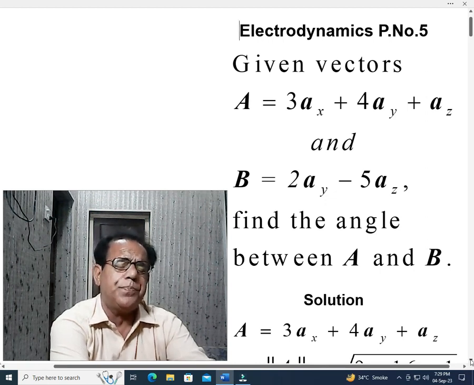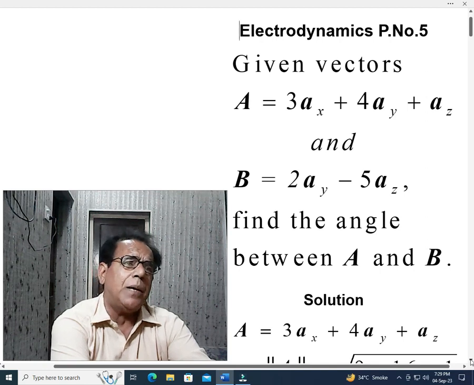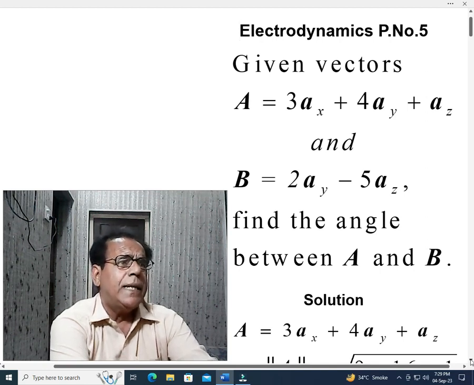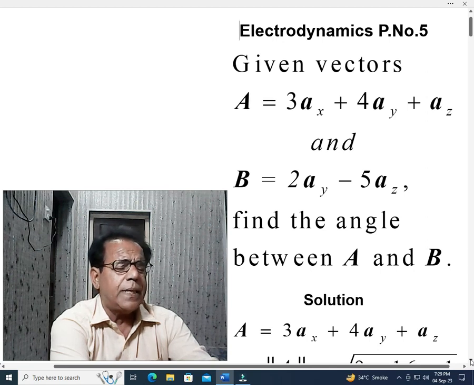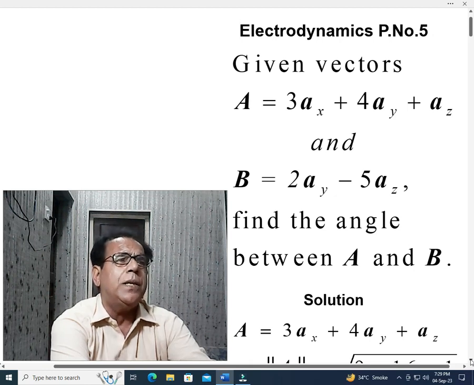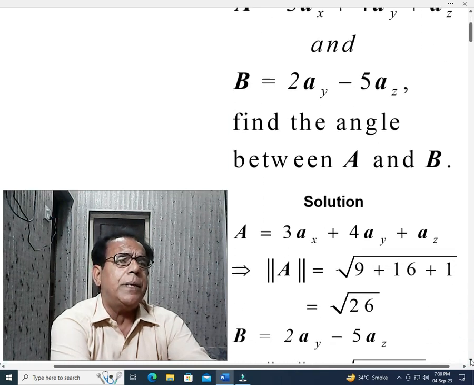So we will start from these, but gradually our attention will be diverted to subject specific topics, which will be quite different from each other. Given vectors A and B, find the angle between A and B.